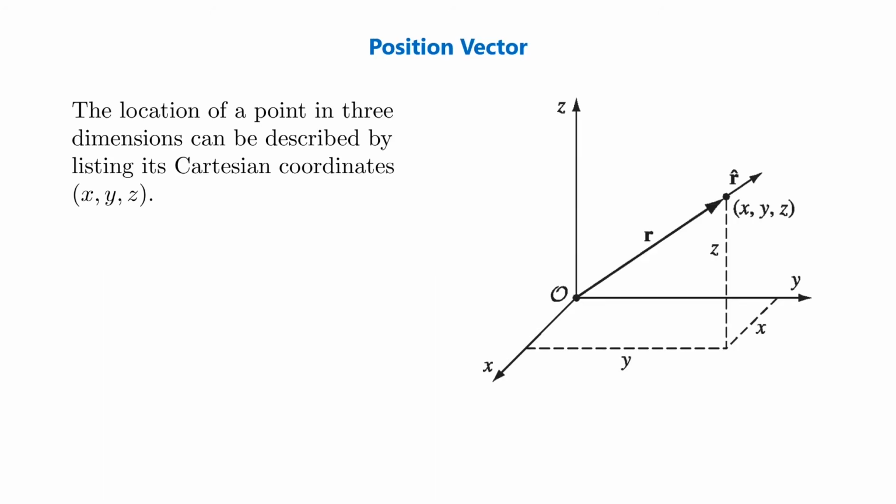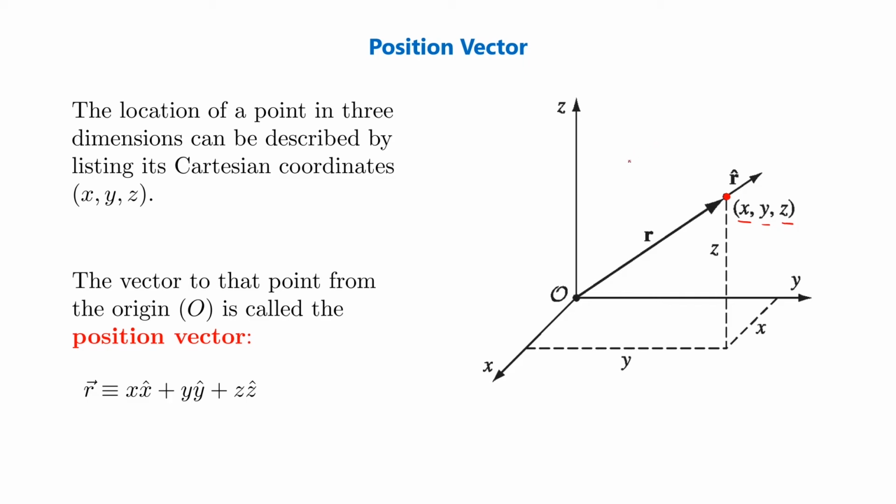In electrodynamics, we will often come across the position, displacement and separation vectors. We are going to have a discussion on these vectors. The position vector. Let's consider a point here. We'll assume a Cartesian coordinate system x, y, z with origin O. The location of the point can then be described by listing its Cartesian coordinates x, y and z.